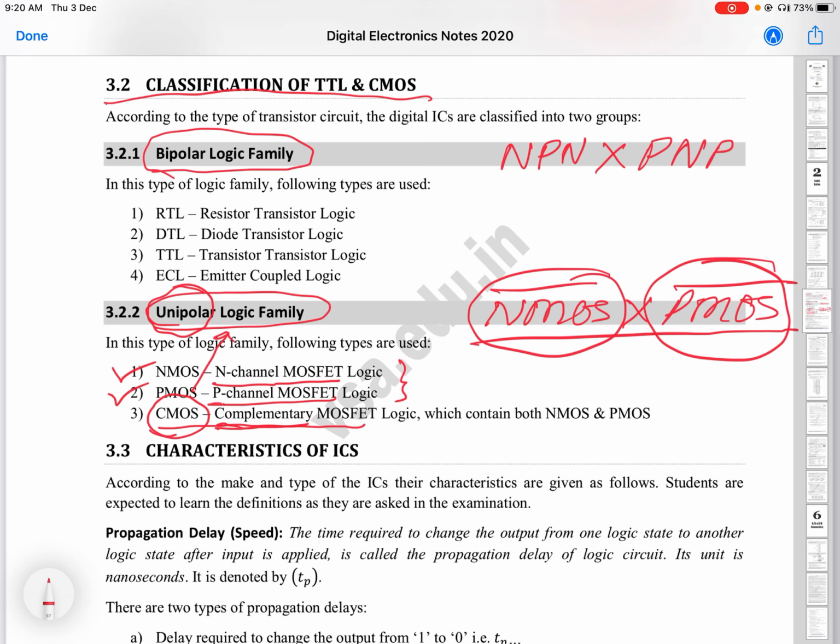In NMOS, the current is carried by electrons only, and in PMOS, the current is carried by holes only, that is positive charges. In NMOS, as the name suggests, N stands for negative, so remember it like that. Electron carries negative charge. So NMOS is a type of transistor in which the current is carried by electrons, and in PMOS the current is carried only by positive charges, that is holes. Hence it is called unipolar logic family.